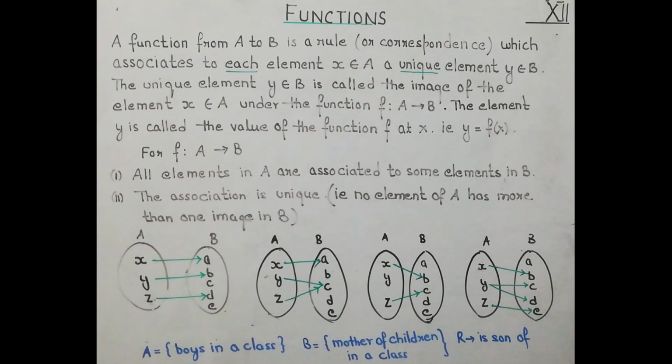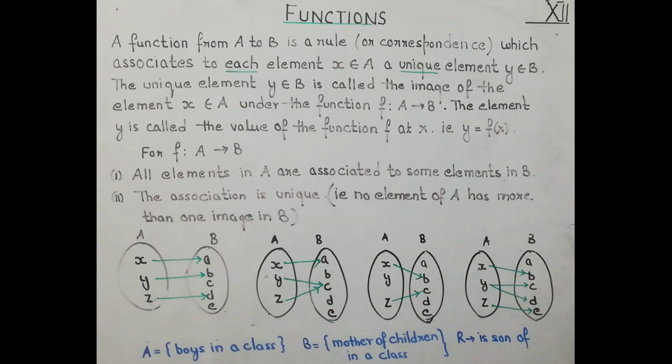The unique element of set B to which an element of set A is associated is called the image of the element. That is known as the image.